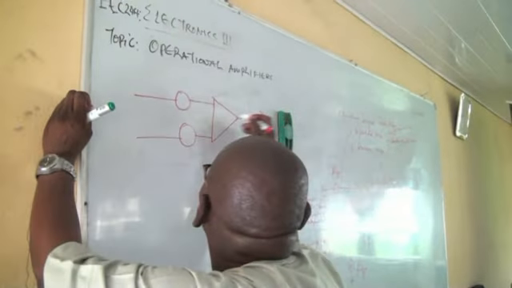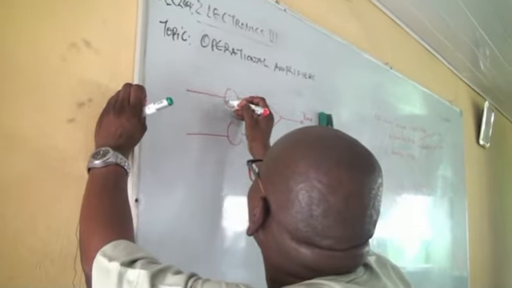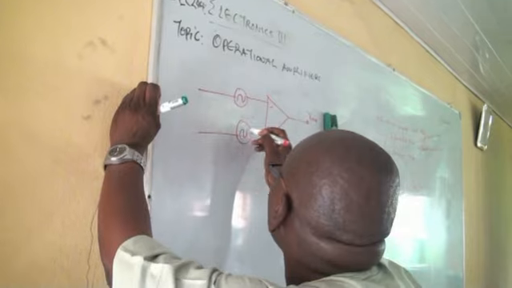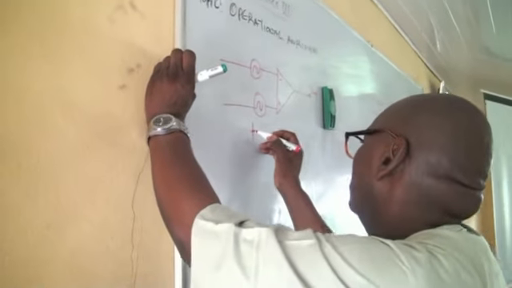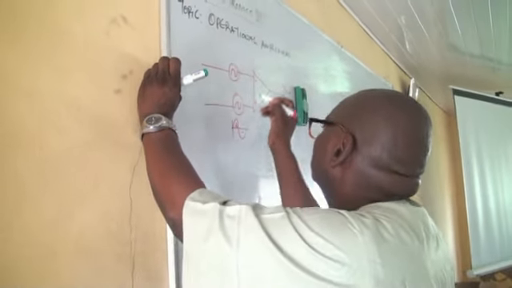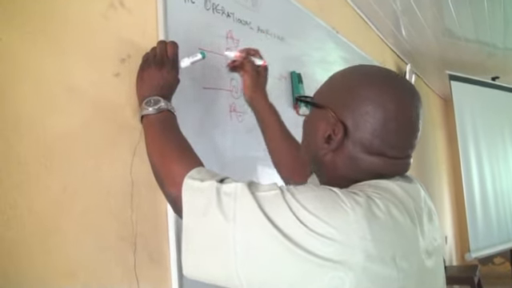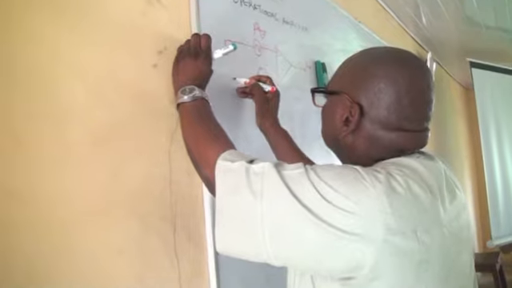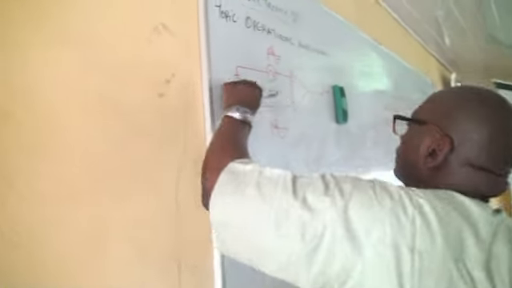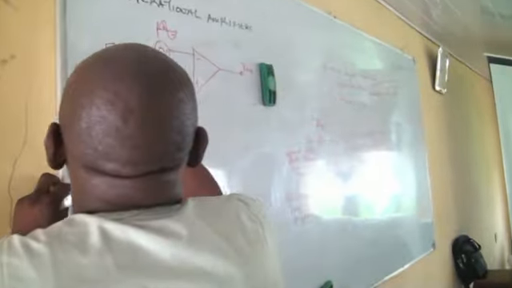This Vout, negative, positive, same phase. So here we may have something like this, positive, negative, and here too we have positive, negative, connected to ground. Anything that's connected to ground has a zero potential.